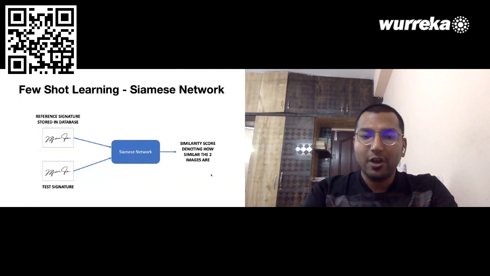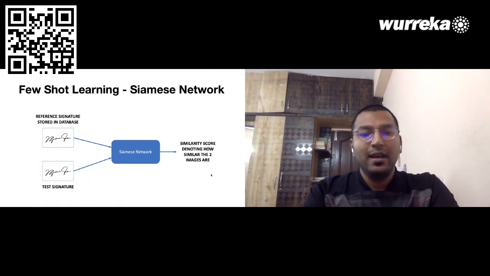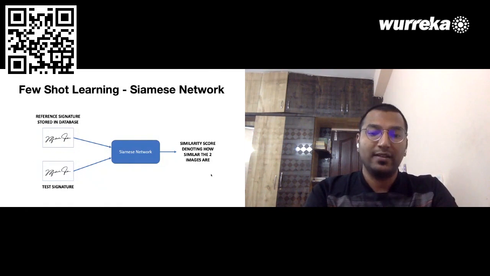So how does this solve the two problems of the CNN classification that we talked about? In the demo, we'll see that to train this network you do not require too many people's signatures, and only a few are enough to build a good model. But the biggest advantage is, let's assume we have a new customer who gets onboarded in the bank.